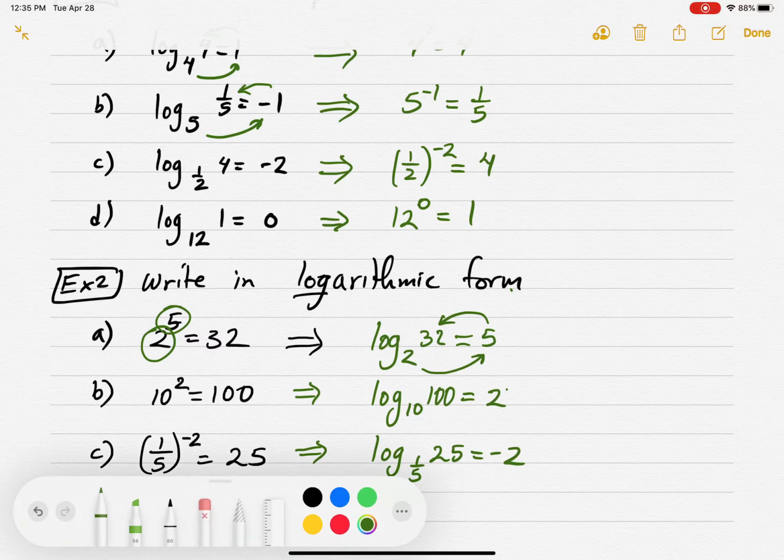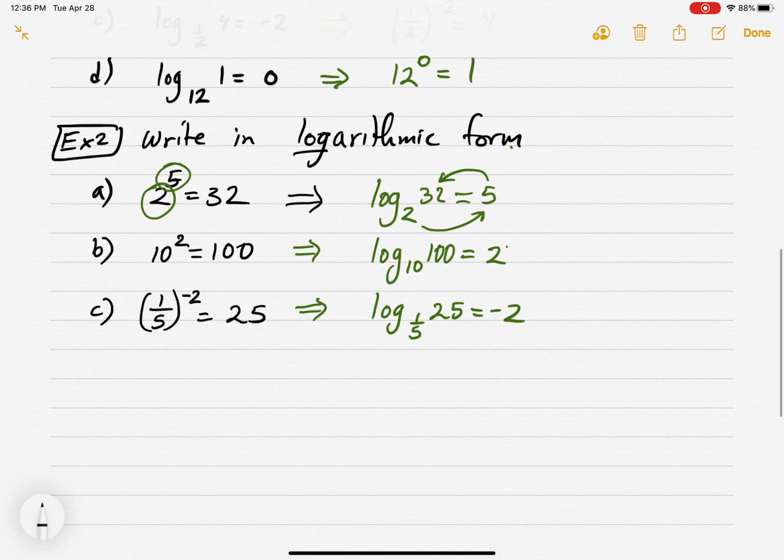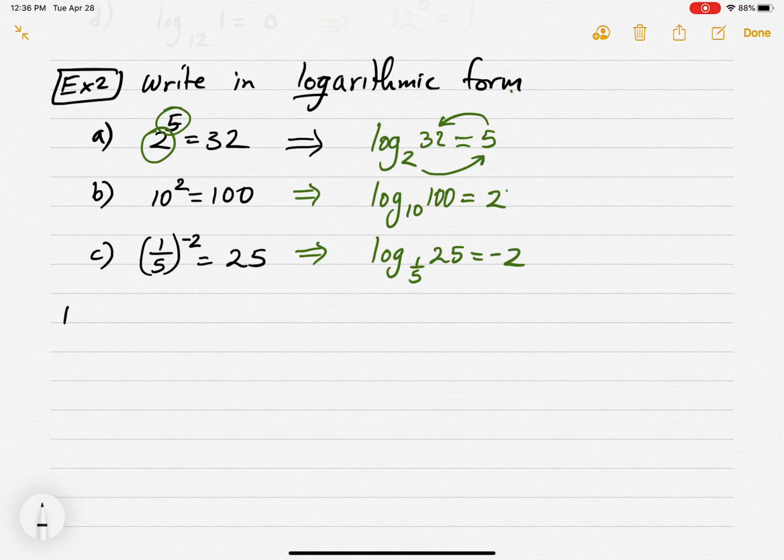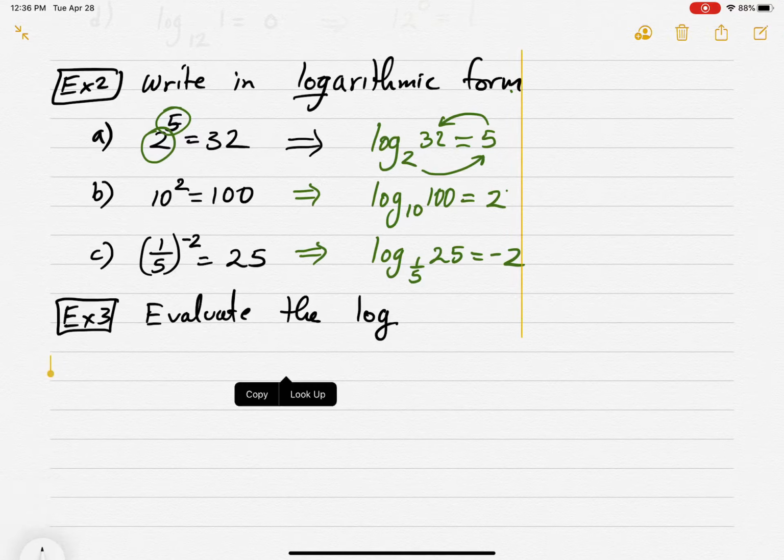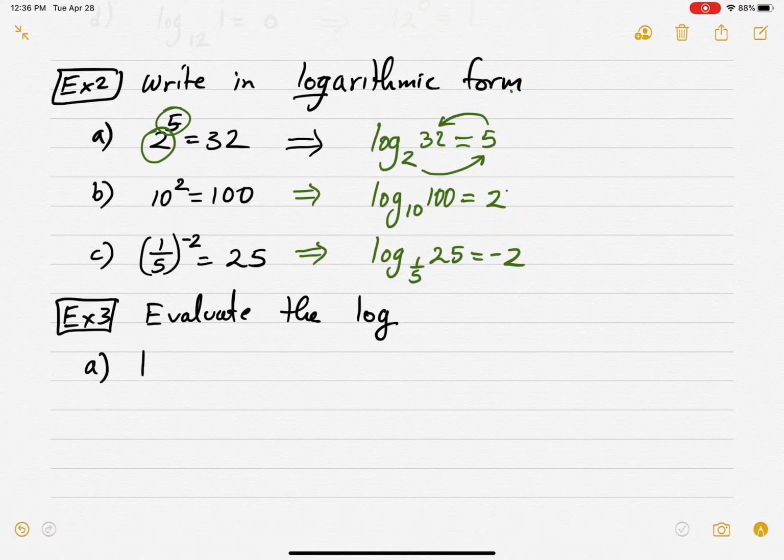Okay, so the other type of exercises that you might be asked to do in a Math 3 or algebra course is to evaluate the log. Say they ask you to evaluate: what is the log base 3 of 27?